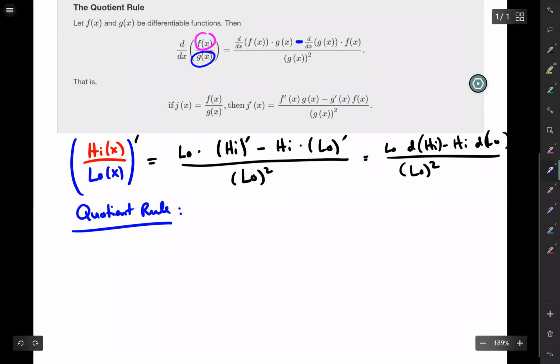Okay, so let's do a quick example. Let's say that I have x cubed plus 2x over, let's say, x squared plus 1/2 x plus 7.